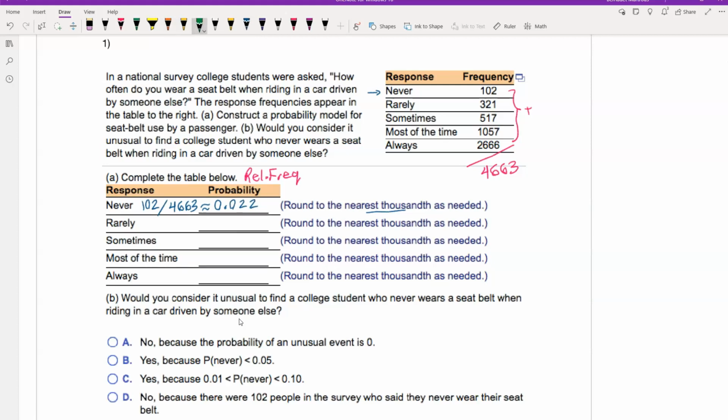Next one, for rarely, we have a frequency of 321. So same thing, divided by the sum of all frequencies. Rounding, that is 0.069. Sometimes is 517 divided by the sum.